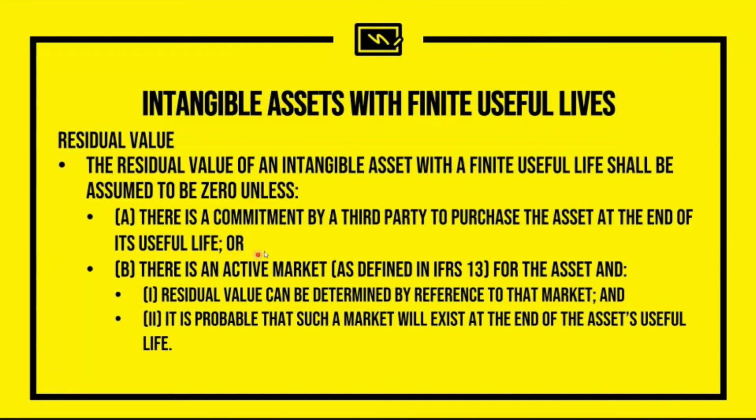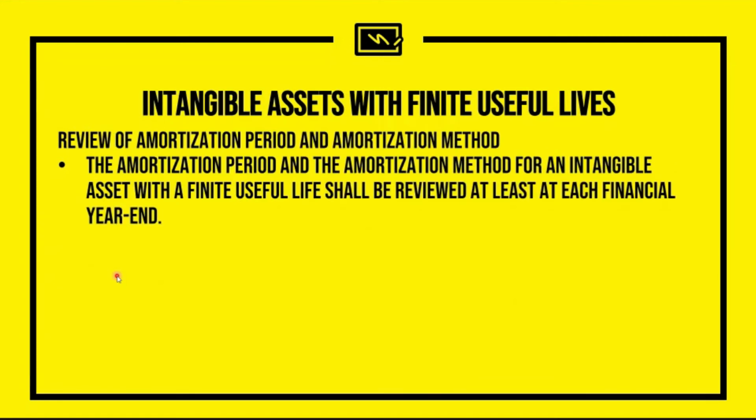For as long as A or B exists, then we can use the residual value provided. But if neither A nor B is provided to us, then always assume that residual value will be zero. Okay, so that's how it is.